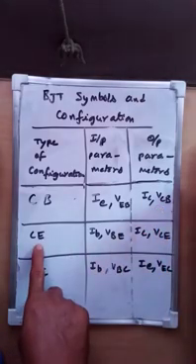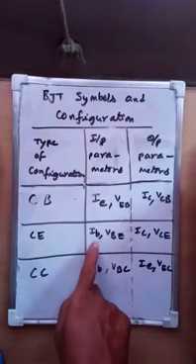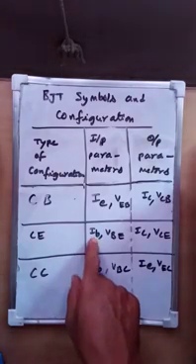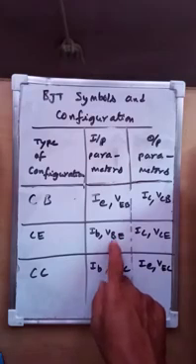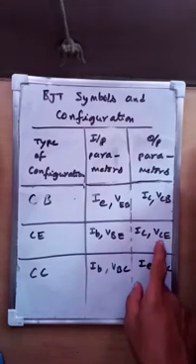Coming to the CE, common emitter configuration, here the emitter is grounded, the input terminal is the base, so the current through it is IB, and the input voltage is between the base and emitter, that means it is VBE. Similarly, IC is the output current, and the output voltage is between the collector and emitter, that's why VCE.